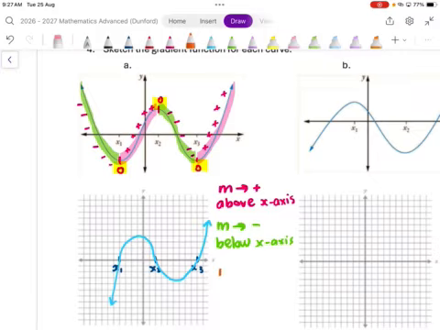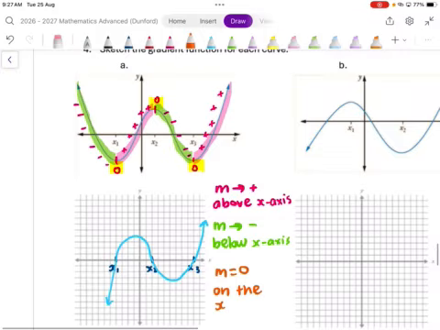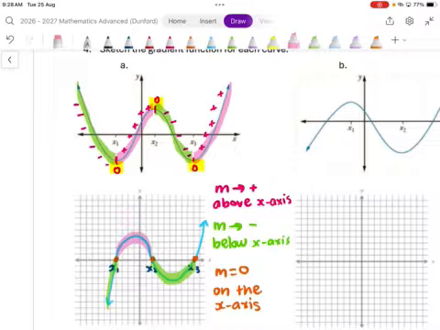And if our gradient equals 0, it is on the x-axis. So at our x1, x2, and x3, the gradient was 0, so it's on the x-axis. Where it was negative, it was below the x-axis, and where it was positive, it is above the x-axis.